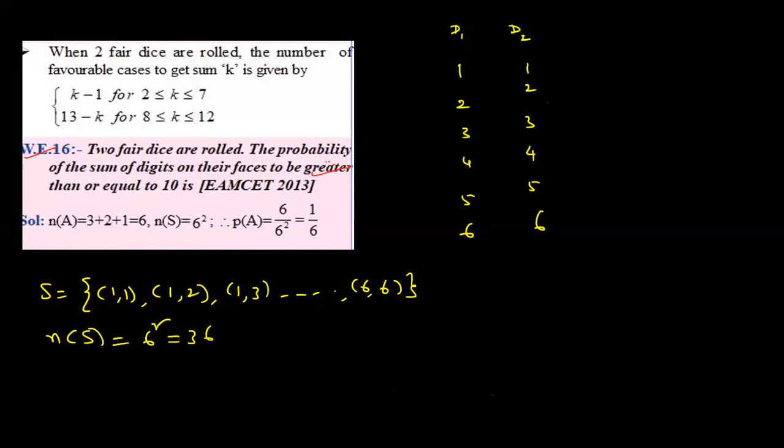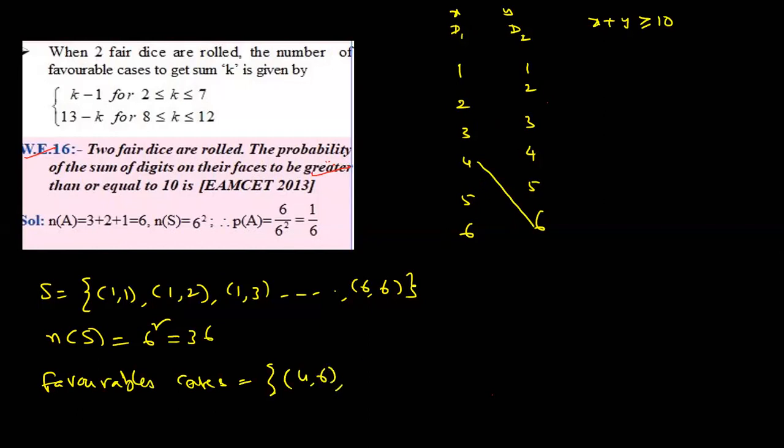Fine. Greater than or equal to 10. Suppose this is x, this is y. They're asking favorable cases. Over there, x plus y greater than or equal to 10. Where is that? I can choose 4, 6. Next, 5, 5. Next, 6, 4.